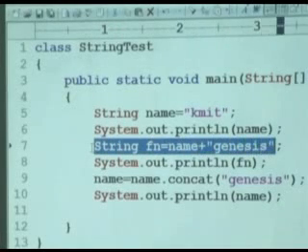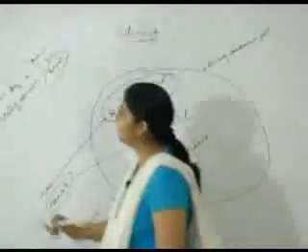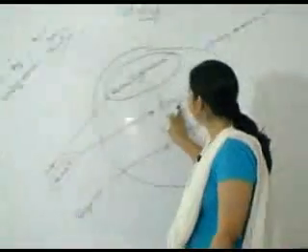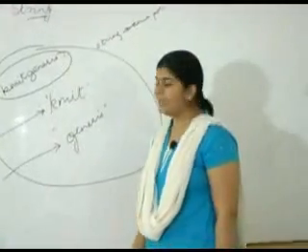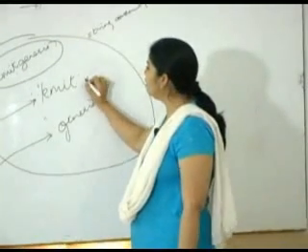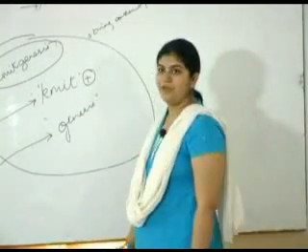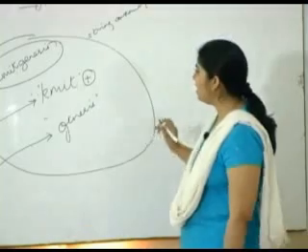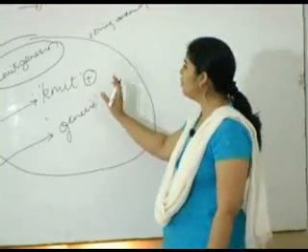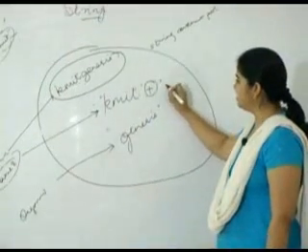Concat is giving you a string object. On line number 7, I already have the KMIT object. I am using this concatenate operator, and I am saying that I want to concatenate Genesis.